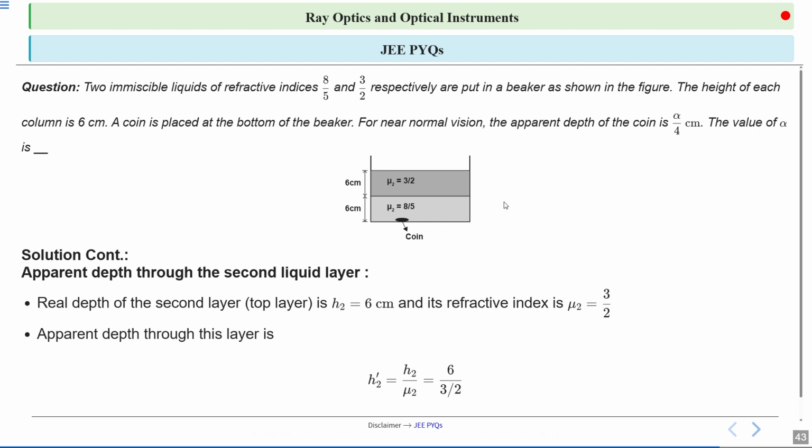So now let's calculate the apparent depth through this layer. We use the formula h2 dash equals h2 upon mu2, where h2 is the real depth and mu2 is the refractive index. Substituting the values, we get h2 dash equals 6 upon 3 by 2.